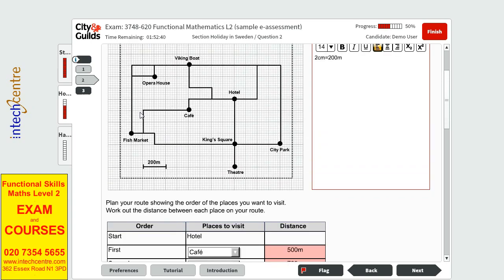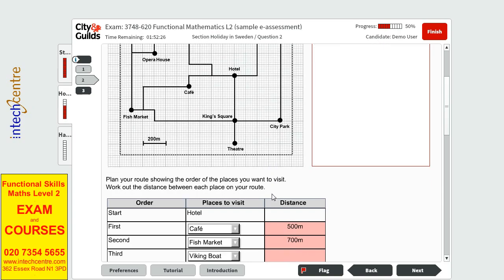And we have 200, 400, 600, 800, 1000, 1100. So 2, 4, 6, 8, 10, 11. 11 times 100, we will have 1100 meters.